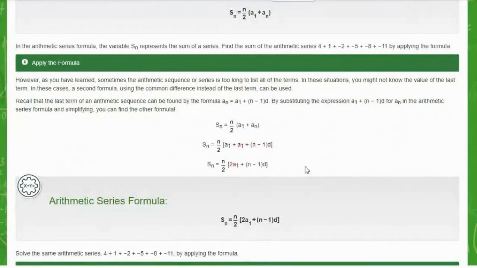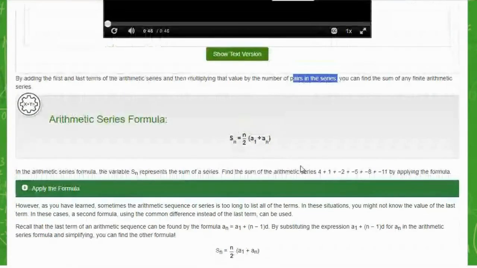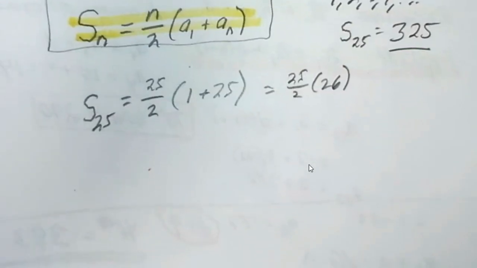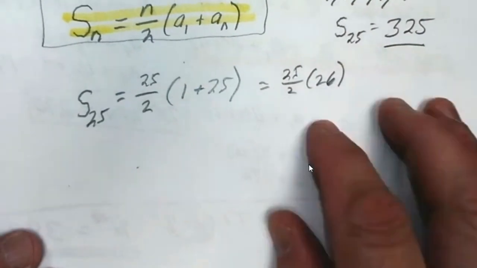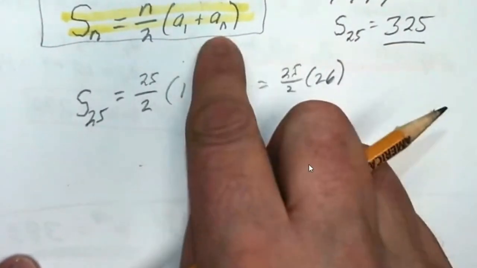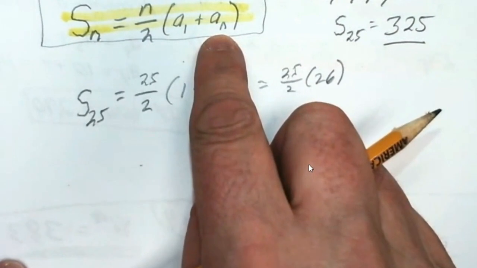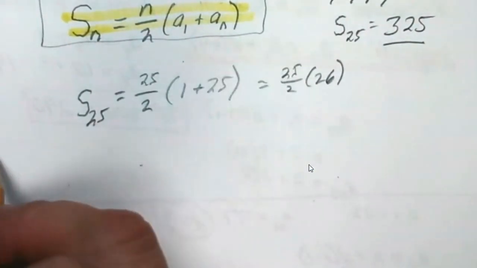And here's where they did a different one there. So what about one of those cases where we don't know what a sub n is? Okay, so we're going to do a different one.